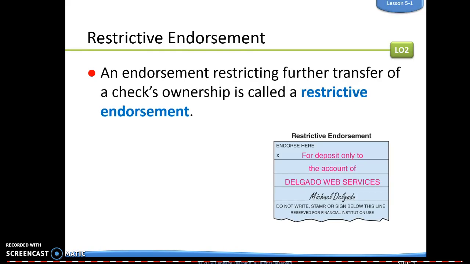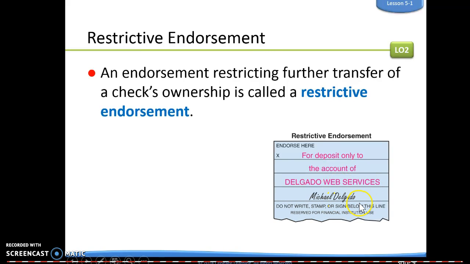With businesses, however, businesses mostly are going to use this restrictive endorsement, and restrictive endorsement just means that there can be no further transfer of that check's ownership. So notice when we look here, it says for deposit only to the account of Delgado Web Services, and then the check is signed.